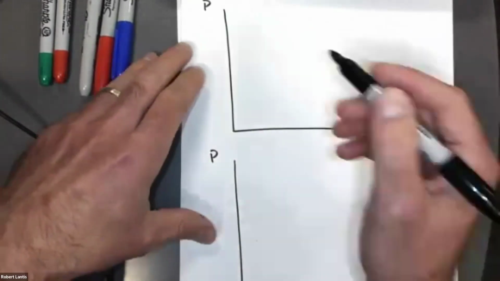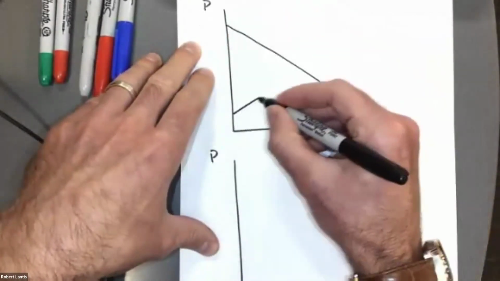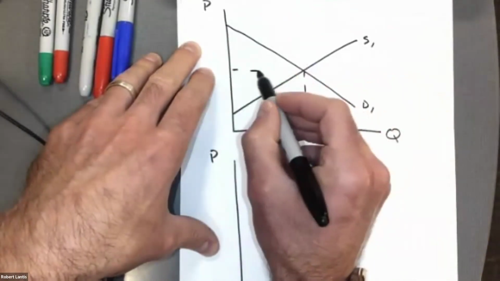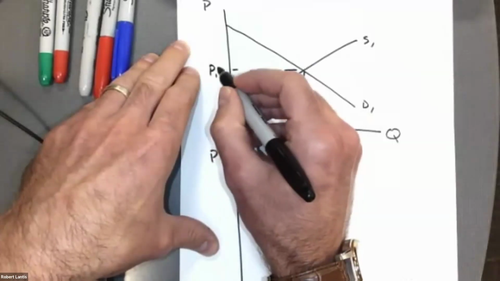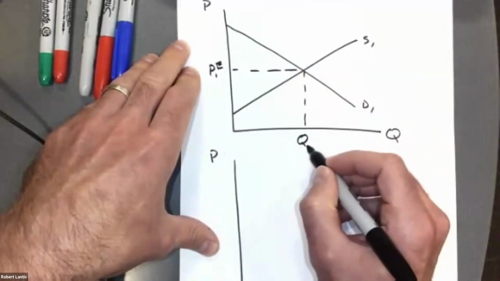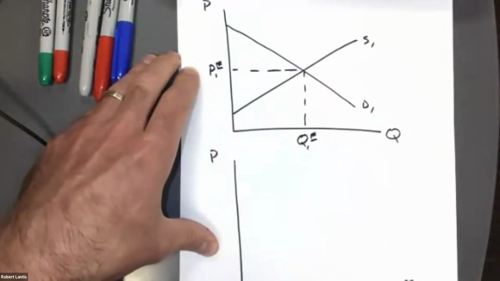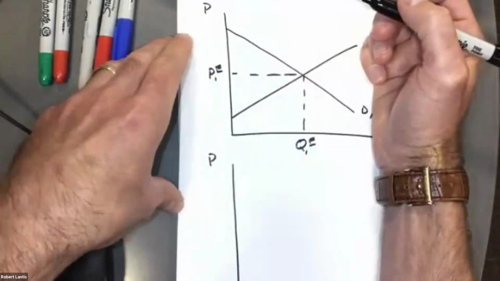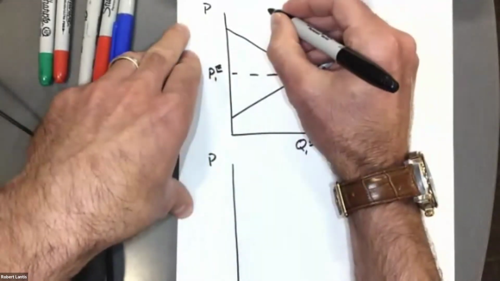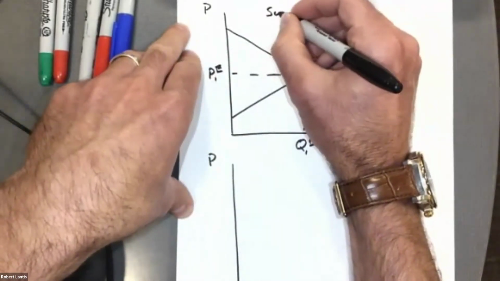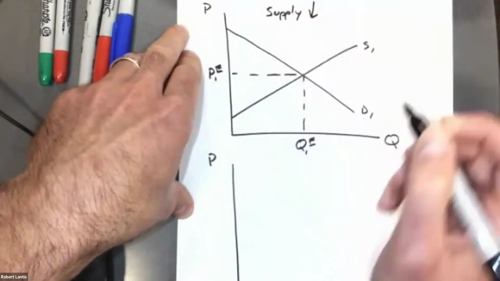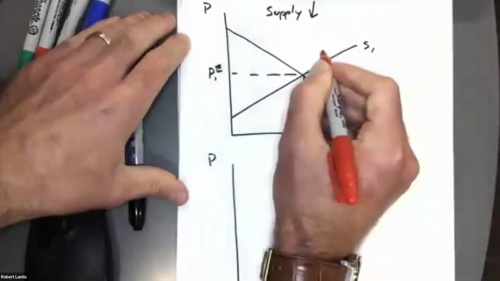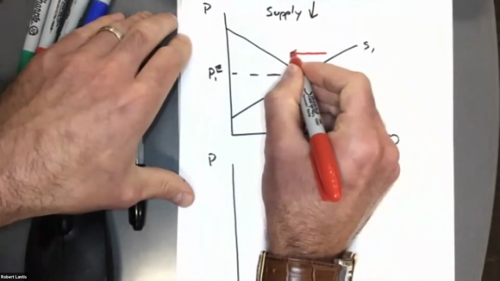Okay. So let's think initially, I've got my supply and demand curve for asphalt. Here's my equilibrium price. Here's my initial equilibrium quantity. We said when the price of oil goes up, that was an input into producing asphalt. And so if it's more costly to make it, we're going to see that supply decreased. So a decrease in supply was a leftward shift, right?